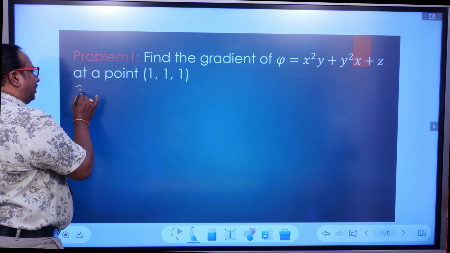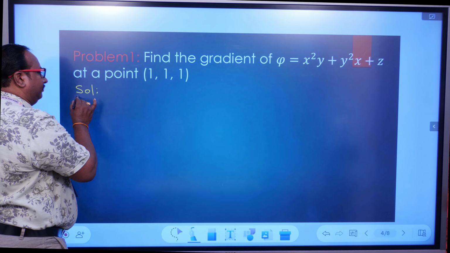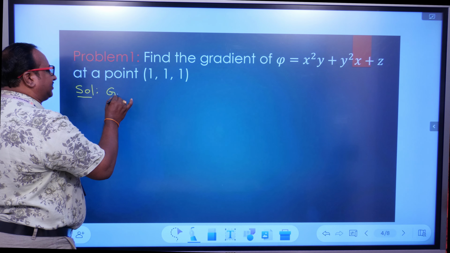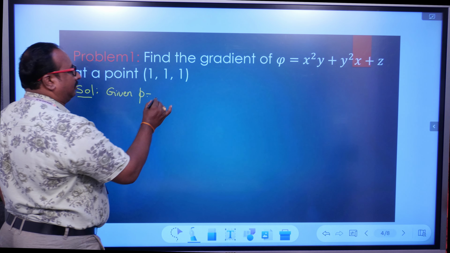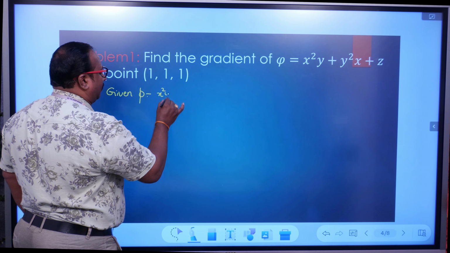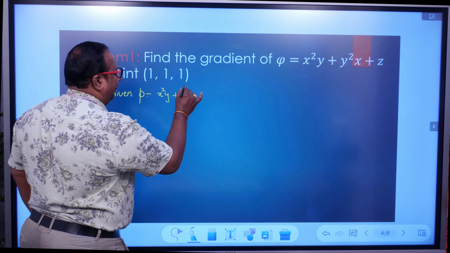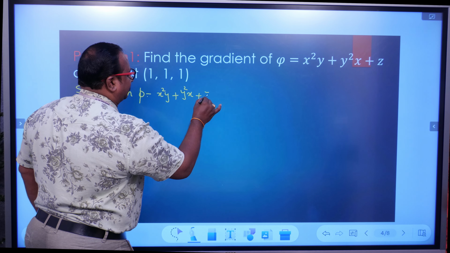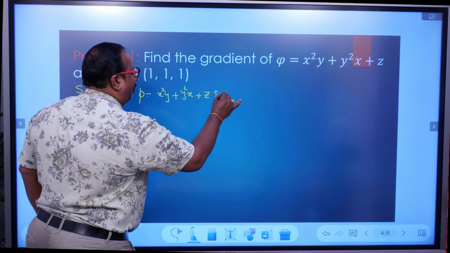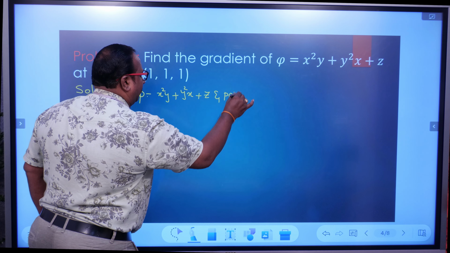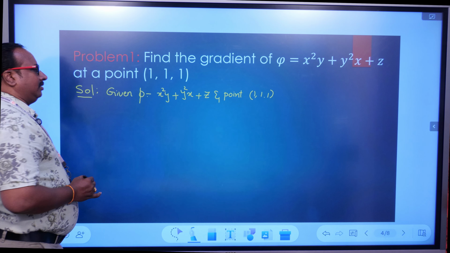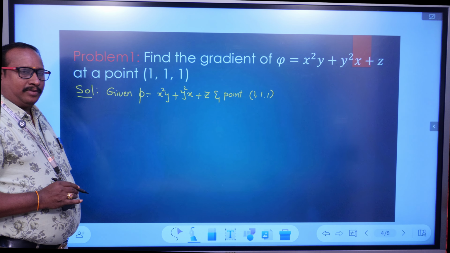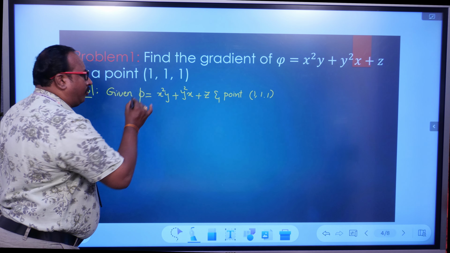So coming to the solution, first we take the given scalar point function and the given point. One is a scalar point function, another one is a point.